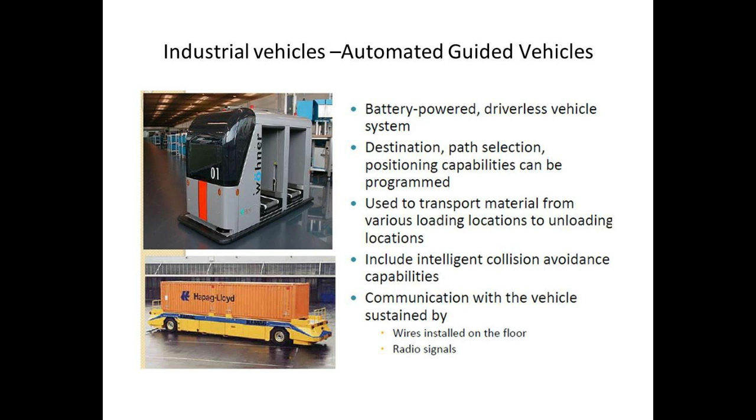It is used to transport material from various loading locations to unloading locations. It avoids collisions intelligently. Once you design the path and give it to the automated guided vehicle, the basic theme of the program should be that it avoids collision.